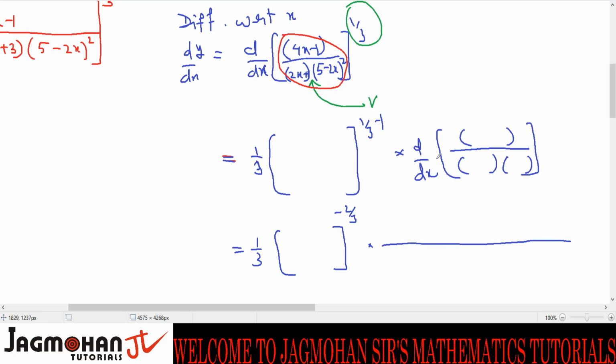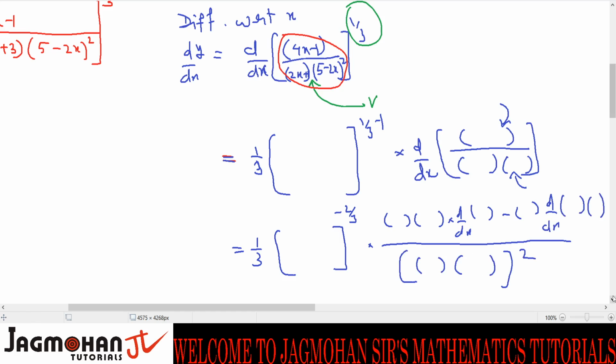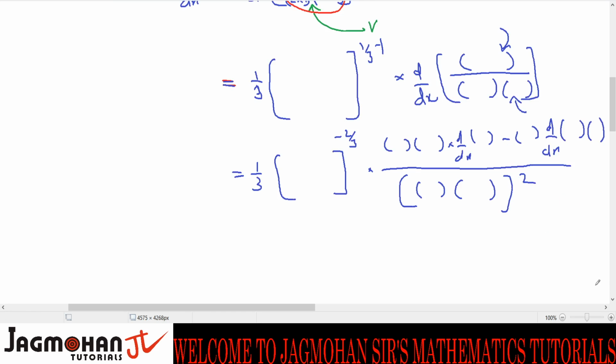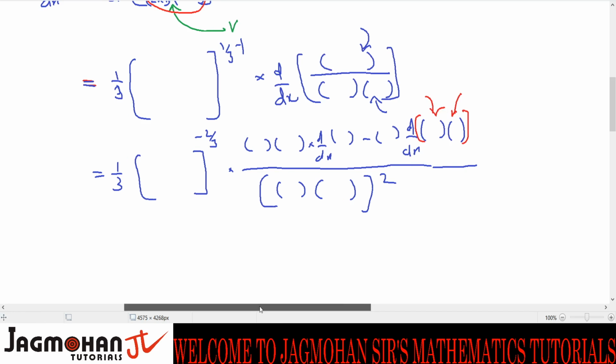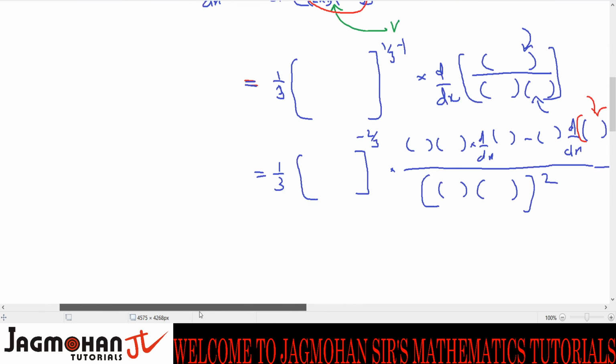When you have d by dx of this, you have numerator and denominator, so you apply denominator d by dx of numerator minus numerator d by dx of denominator, and then denominator square. My dear students, it is still not over. It's going to be quite lengthy, because you get d by dx of two brackets and both are functions of x, so you will apply the u into v rule. It's going to be really very lengthy.